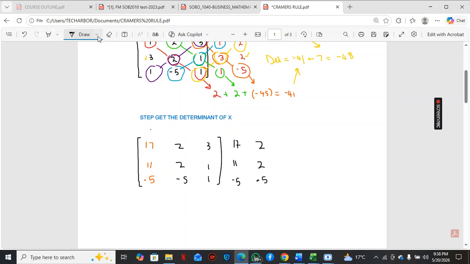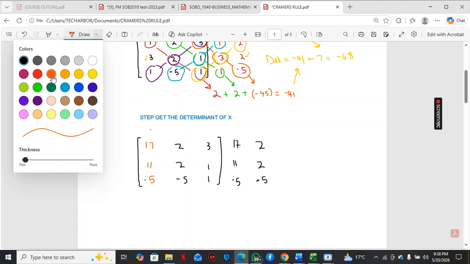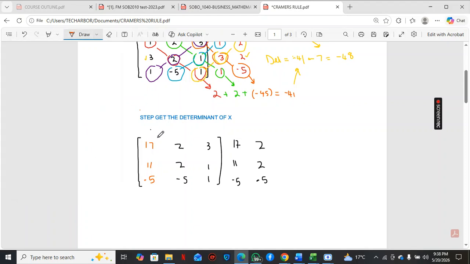Then we start multiplying the diagonals. You can start with the top diagonals or the bottom diagonals, whichever. So we'll start 17 times 2, that is 34, 34 times 1, that gives us 34.